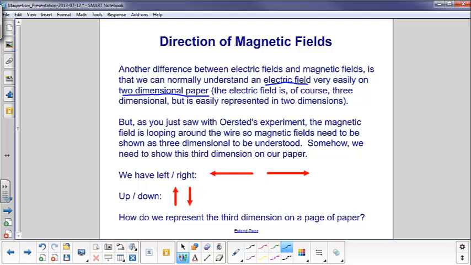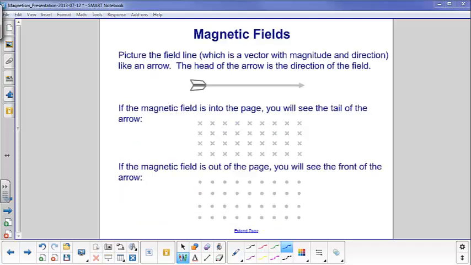It looks like the electric field originating from a charge goes out into a sphere shape, so it's three dimensions, but we can get the idea of it by just drawing it in two. However, with magnetic fields, we need to introduce a third dimension to the paper. So we have left and right, that's easy, and then we have up and down. So far, nothing's changed. So we need a convention to represent the third dimension on a piece of paper, and we'll do that on the next slide.